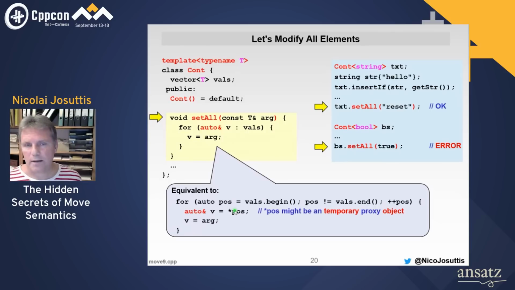They are objects. And that means what you get back here with *pos is a temporary object. It's a proxy object. And this temporary object is then assigned to a non-const lvalue reference, and that's simply not allowed. You can't bind temporary objects to non-const lvalue references.